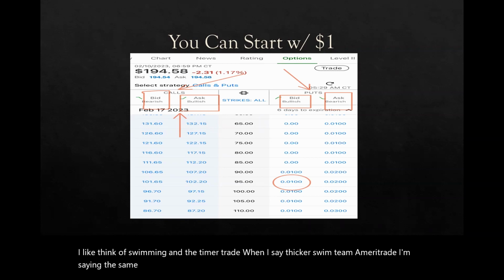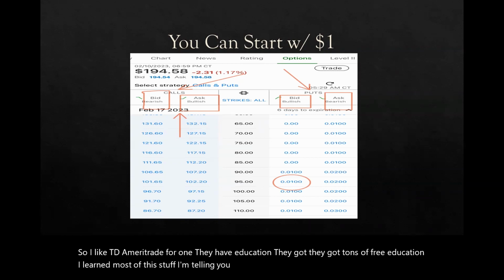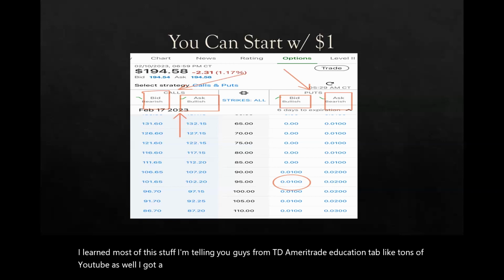They just have two different apps. I like TD Ameritrade for one. They have education. They got tons of free education. I learned most of this stuff I'm telling you guys from the TD Ameritrade education tab, like tons of YouTube as well. I got a lot of people I follow, and that's the main thing about this industry, about trading stocks.